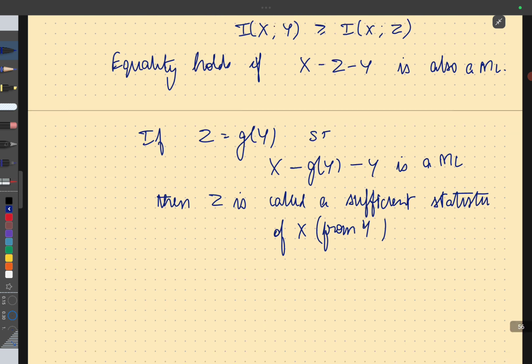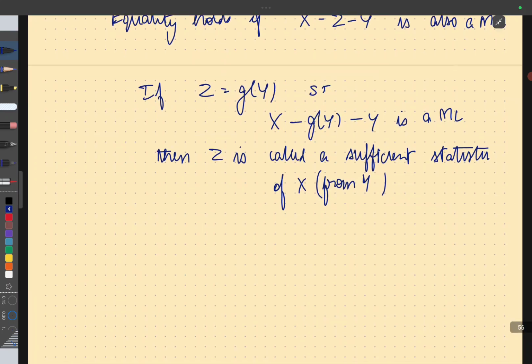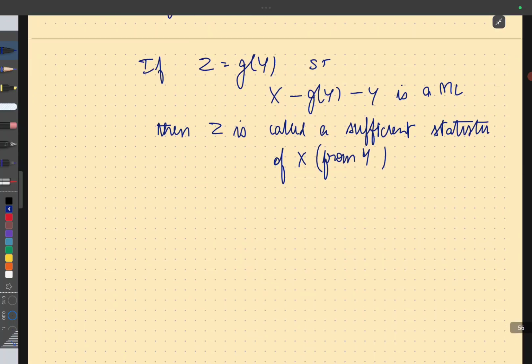To give a trivial example, let's say that I have some random variable x, and y is equal to x square plus some noise. Let's keep it even simpler.